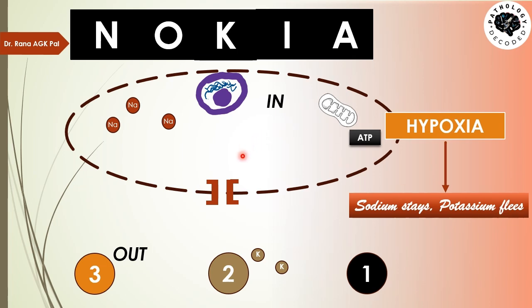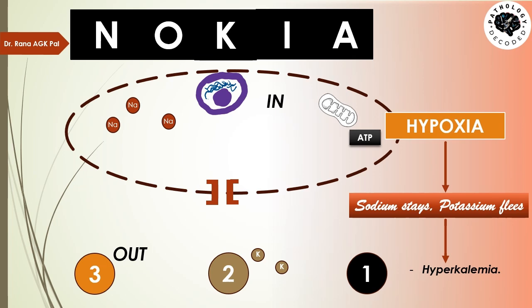Now since the potassium is coming outside, and also we know that potassium is more in the intracellular region, if this membrane gets damaged, if this cell gets injured, the whole of this potassium is going to come outside. Now if we take the blood sample of such a patient, we will see that the potassium level in the serum will be high, and this is a condition called hyperkalemia.